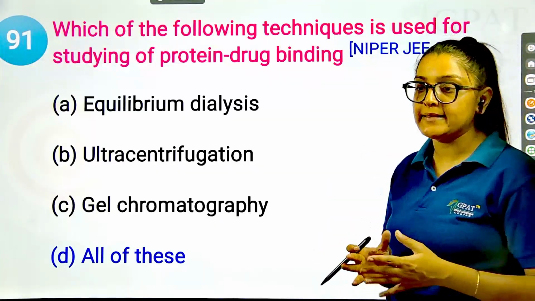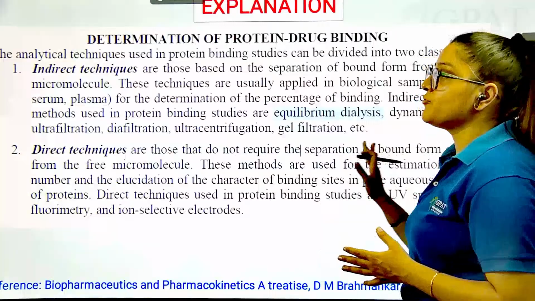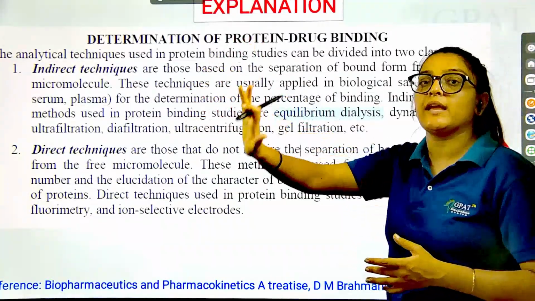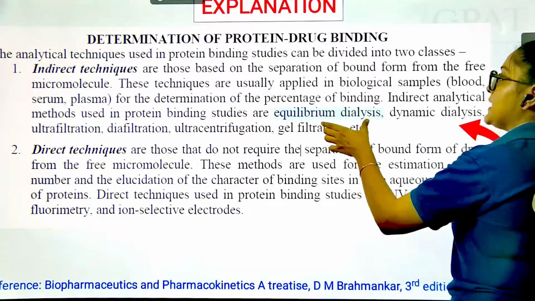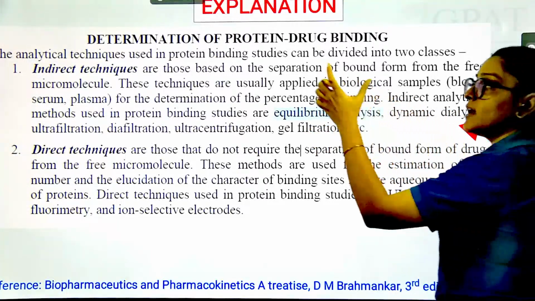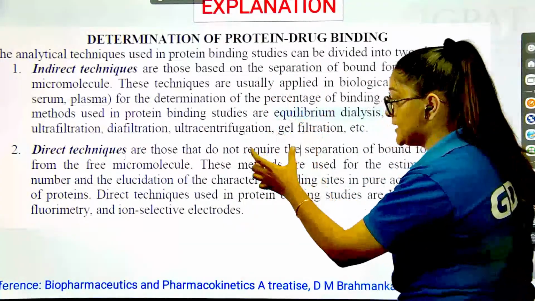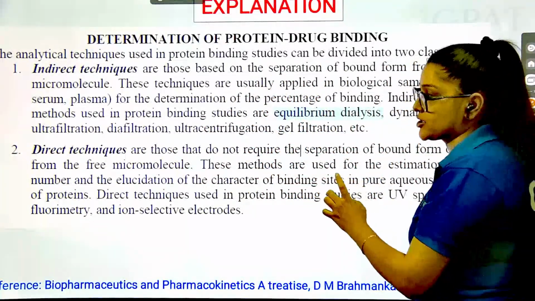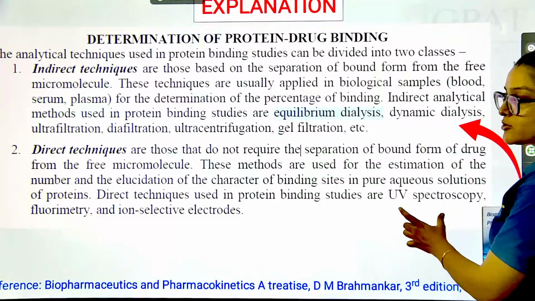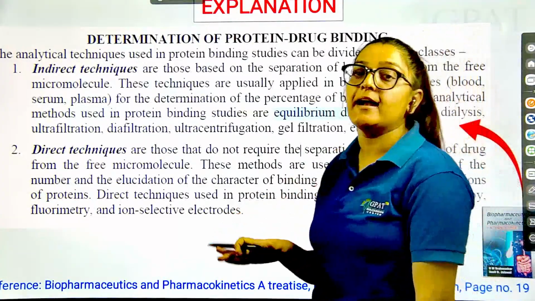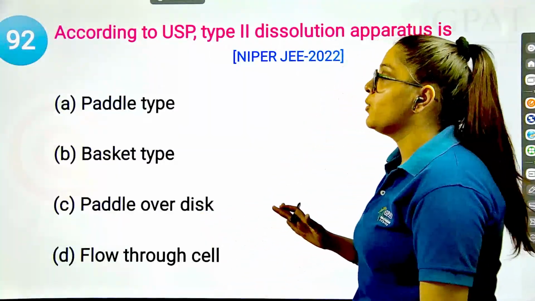Option number D is correct. Okay, so we have certain indirect techniques, we have direct techniques, right? In the indirect techniques, we have equilibrium dialysis, dynamic dialysis, ultrafiltration, ultracentrifugation and gel filtration. In the direct techniques for the protein binding, we have spectroscopy methods, right? And fluorimetry methods as well.